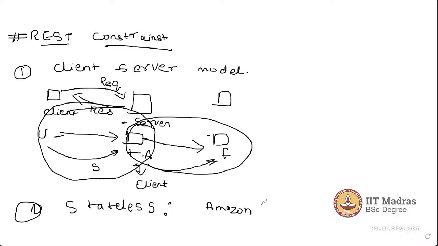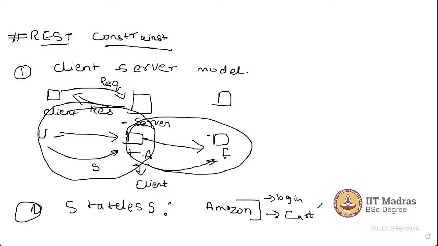So it appears that the server is remembering your activity. You are the client and the server is the Amazon application. From this kind of activity, which is a login activity, and second the cart, you can think that the server is remembering your activity throughout the duration of your time on the website.